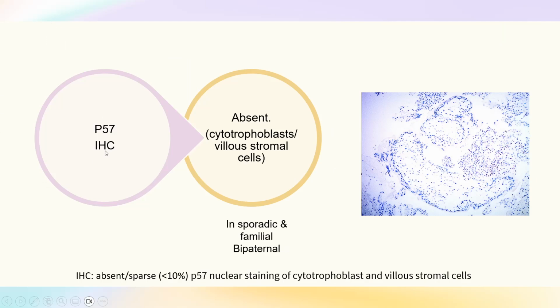P57 is a very nice stain that is absent in the complete mole in the cytotrophoblast, those cells lining the villi, and the stromal cells that are inside, or at least they show less than 10% expression, to say that this is a complete mole, in both sporadic and familial biparental cases.